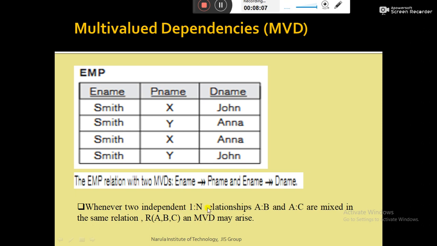Let me explain that concept. If a particular relation has two 1:n relationships, 1:n means for a particular value of x there are n values of y, meaning A is to B and A is to C. For example, let me draw it.